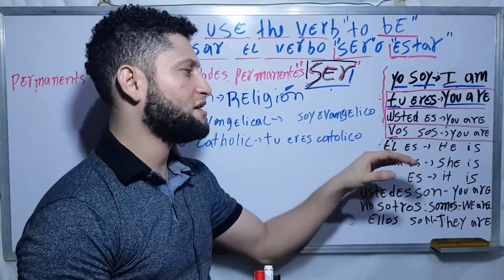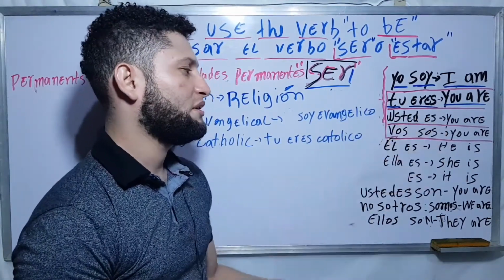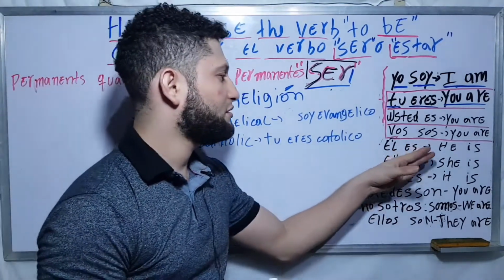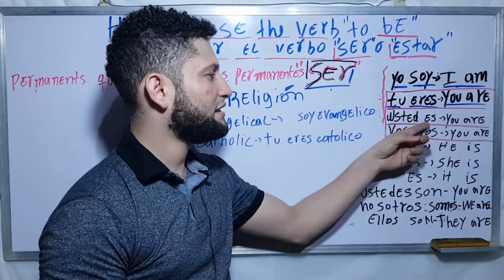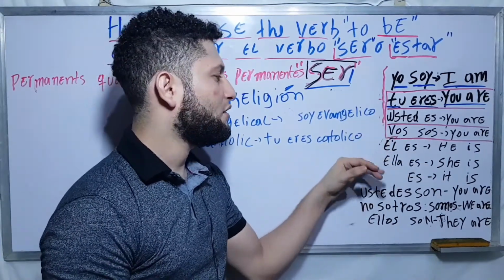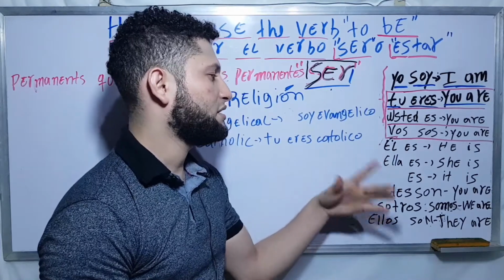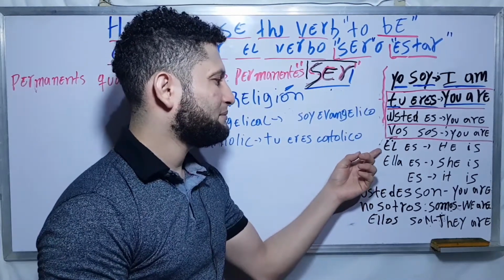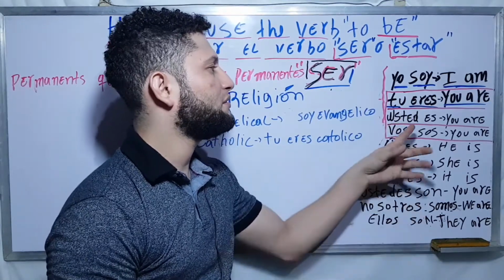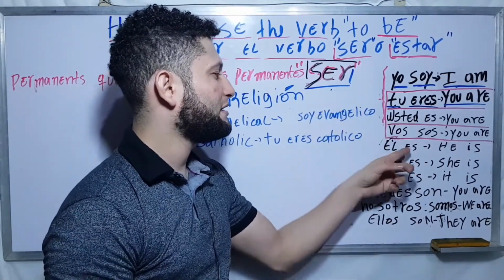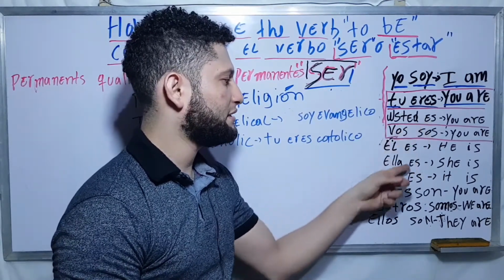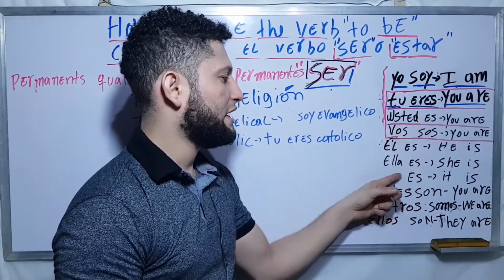You can say just es católico, and I will tell you why. Because if you notice, usted has the same conjugation as the other one, which is él es, ella es. So the conjugation for the verb ser, él es, usted es, this part, es, ella es, and this part.